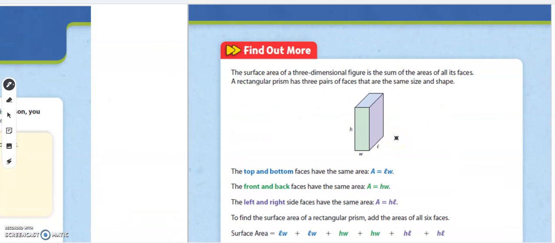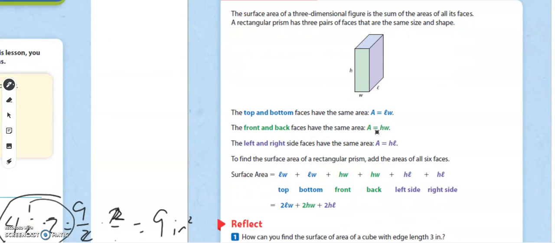So the surface area of a three-dimensional figure is the sum of the area of all of its faces, like we just dealt with. So the top and bottom have the faces, like if this is H and this is W and L, the area of the top and the bottom is L times W. The front and back faces, which is back there somewhere, is height times width.